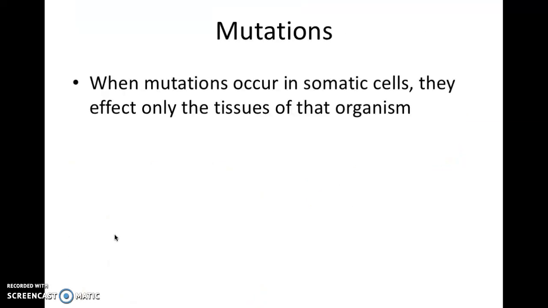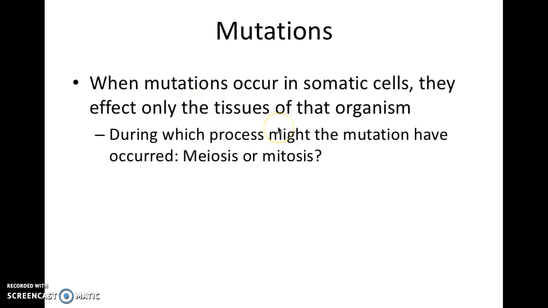When mutations occur in somatic cells, they can only affect the tissues of that organism. Remember that somatic cells are body cells, okay? Eye cells, lung cells, toe cells, heart cells, muscle cells, all those types of cells. They are going to be only that tissue. So when would that have occurred? Meiosis or mitosis?